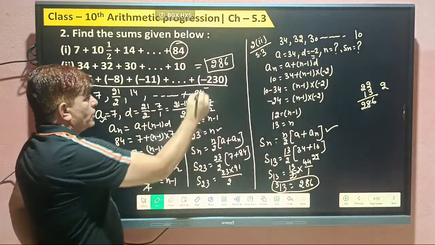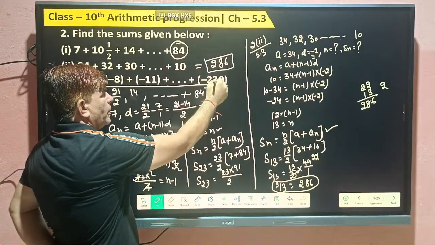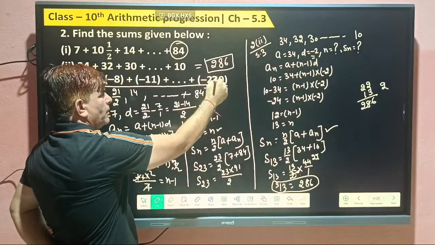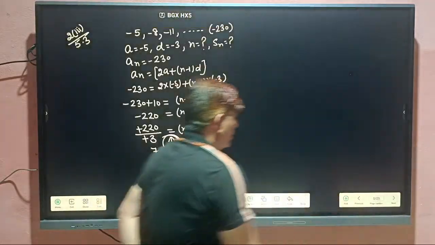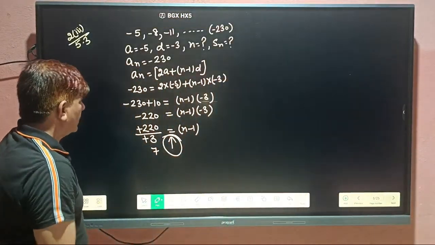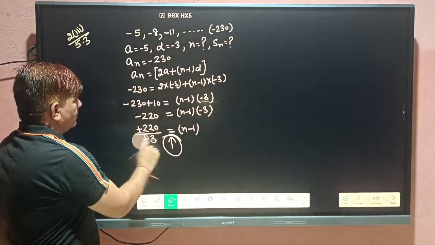So in this question, we will take 22 here. May be possible some mistake is given anywhere, but we are taking minus 220. What are we taking? Minus 220. Then it's possible.